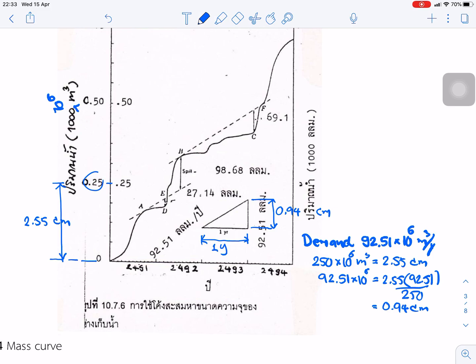Okay, and from point A we can draw the parallel line. Okay, and this one is like S1, and we do the same at point H. It means beyond point H, the supply slope is less than the demand slope.